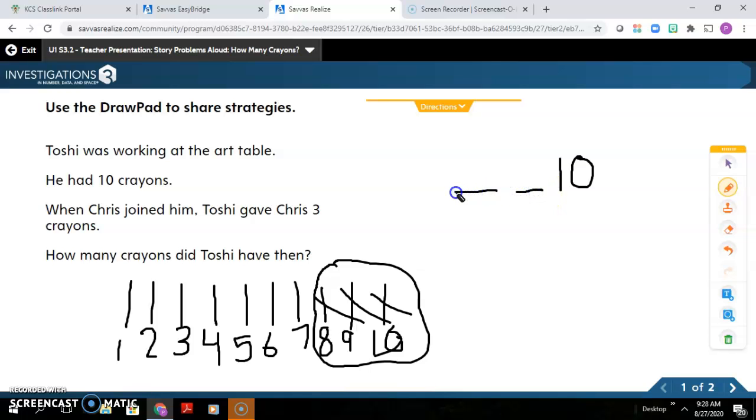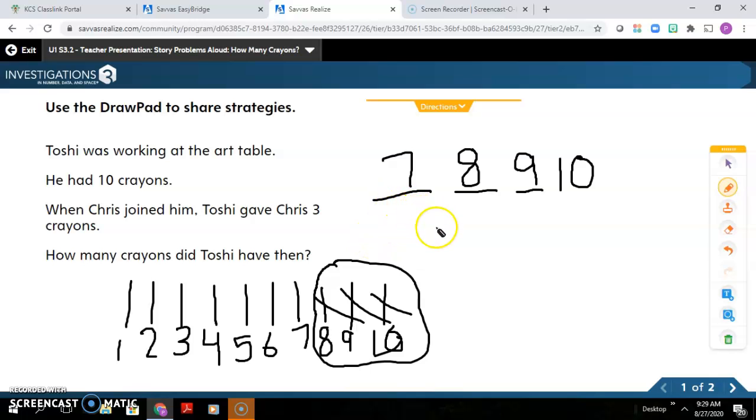I'm going to put 3 lines. And if we're counting back, what number comes right next after we say 10? Right, 9. So 10, 9, 8, 7. So there again, our difference is 7. So that's another way, another strategy.